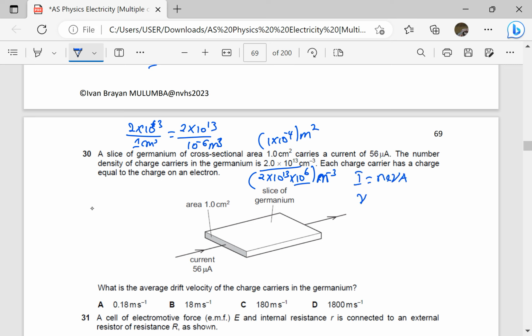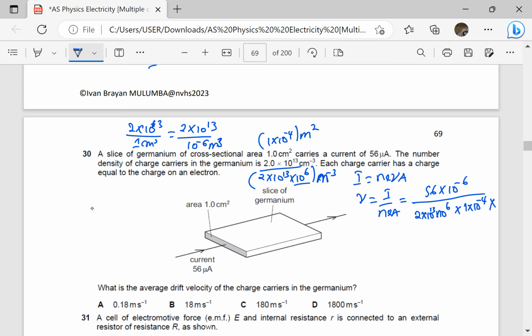So drift speed v is going to be the current divided by nevA, which is going to be 5.6 times 10 power negative 6 divided by 2 times 10 power 13 times 10 power 6, which would have been just times 10 power 19. Then I multiply this by 1 times 10 power negative 4, that is the area.